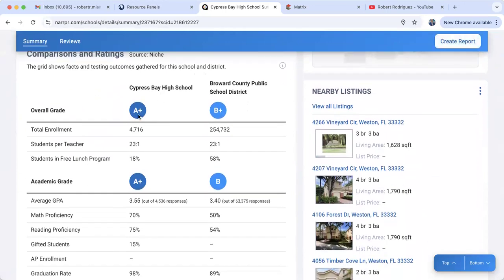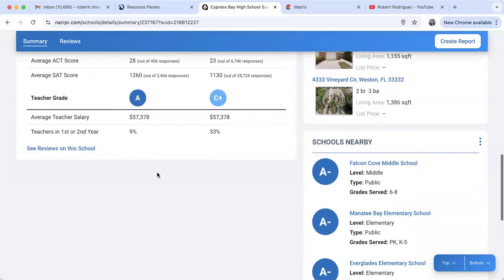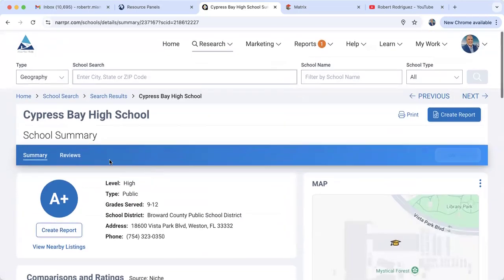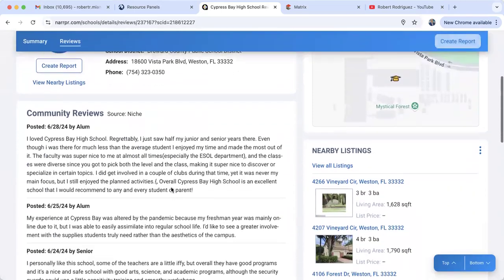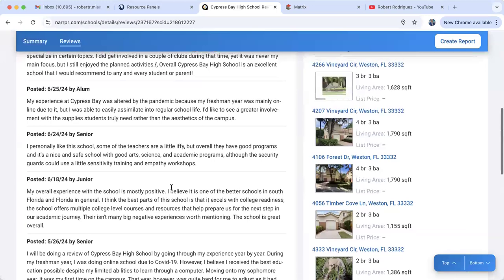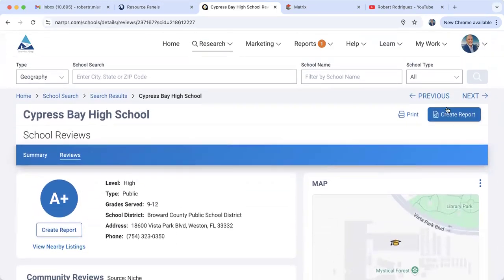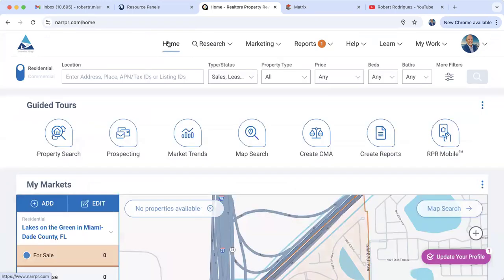A+ is an overall grade, academic grade, A+, and a teacher grade of A. You can come here, you can click on reviews, and you'll read reviews by alumni or current students or even parents. Okay. You can always click on create a report, and you can create a very nice report for Cypress Bay High School. Any questions? Any questions on the school report for RPR, guys? Very simple stuff.